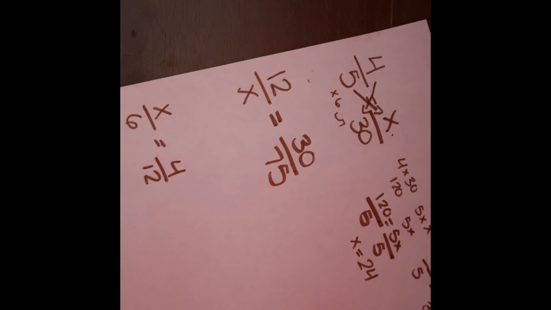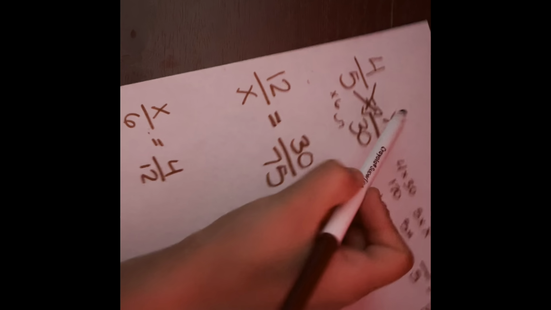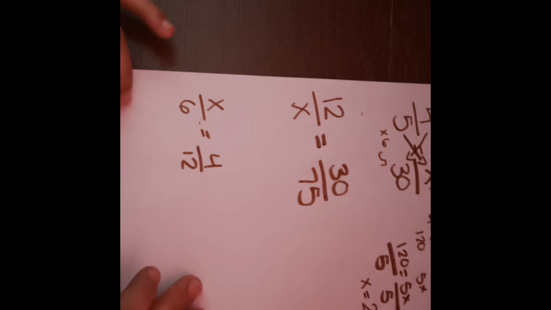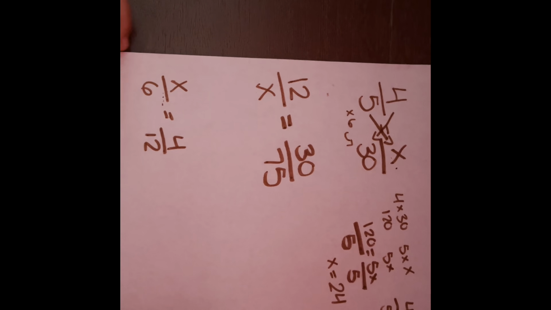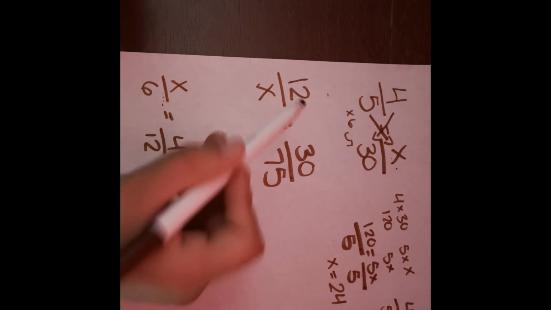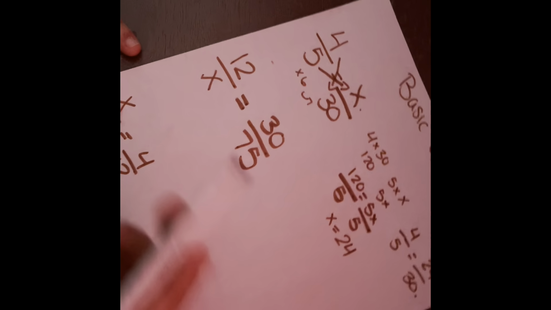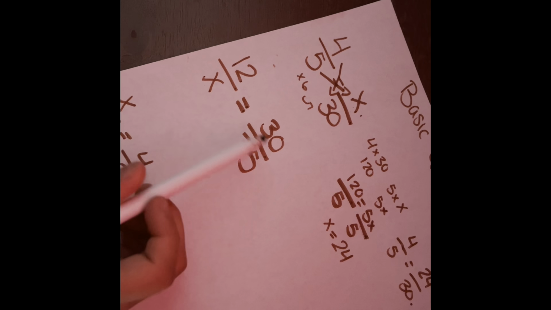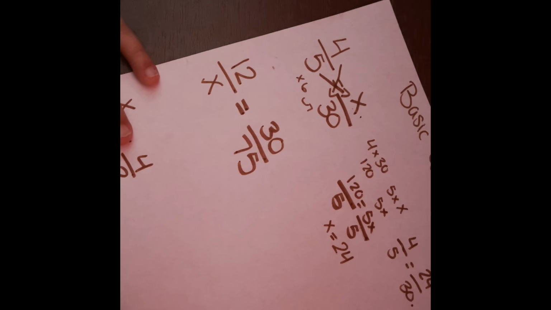For this next question, it does not matter where the x is. As you can see in each one of these problems, the x is in different places and it does not matter as long as you cross multiply and make everything work. So for this equation, 12 over x equals 30 over 75, you would cross multiply just like we did here.